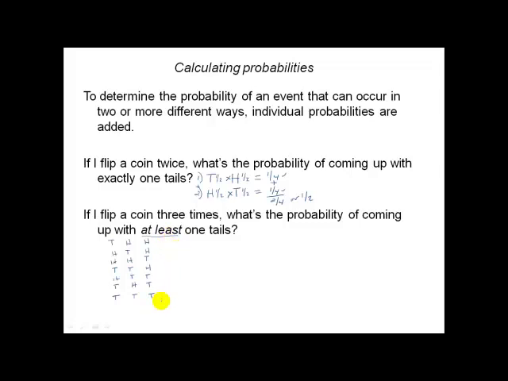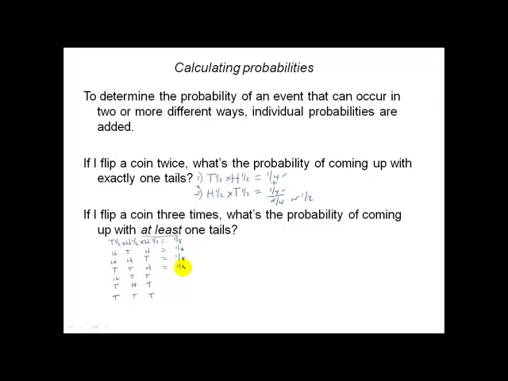So we could do it this way and figure out the individual probabilities for each of these outcomes. So the likelihood of having a tails and a heads is going to be 1/2 times 1/2 times 1/2, which is 1/8, right? All of these are going to be 1/8 all the way down. Same probability. And then we would do what?